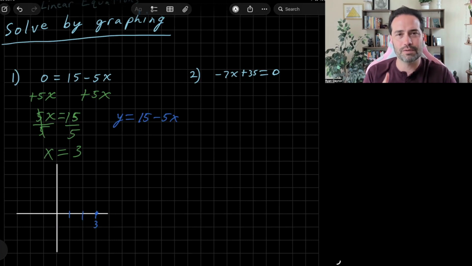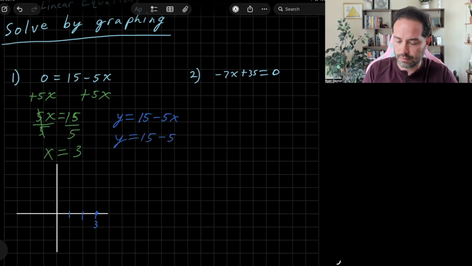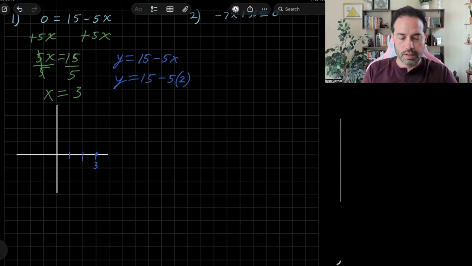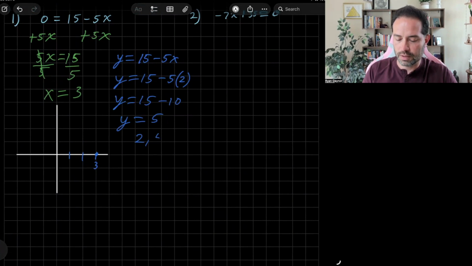We're plugging in the number 2 for x. Then I could do this. Y equals 15 minus 5 times 2. So then that would be y equals 15 minus 10. So then y would equal 5. So my point is 2 comma 5.